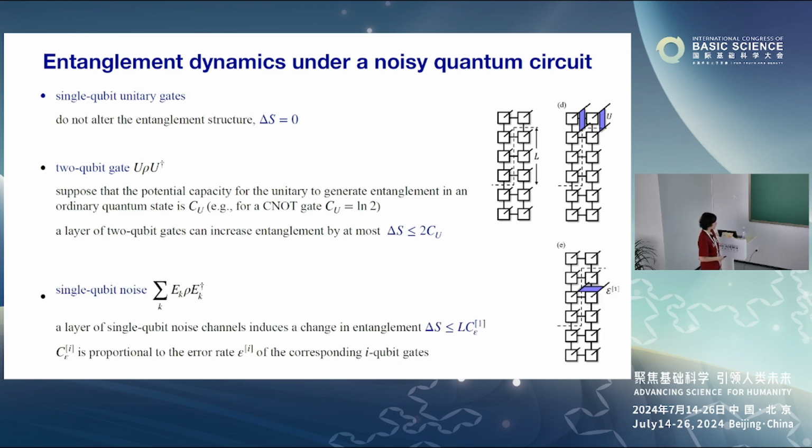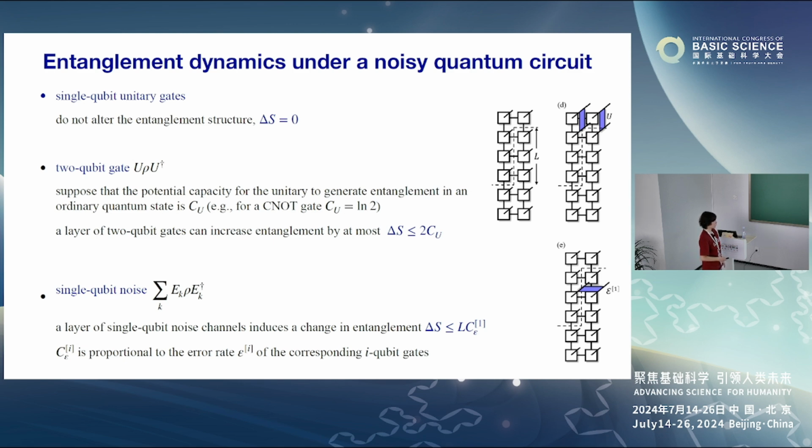And we can also check single qubit noise acting at this position. And this one will increase the inner bond dimension. And we can see for the L side, where this distance is L, it will cut the dashed line L times.